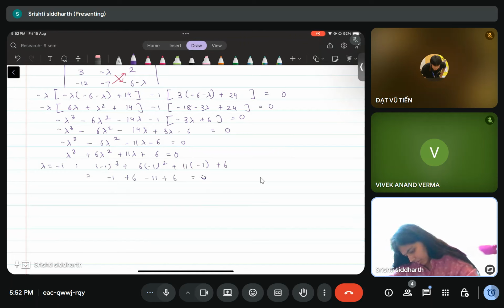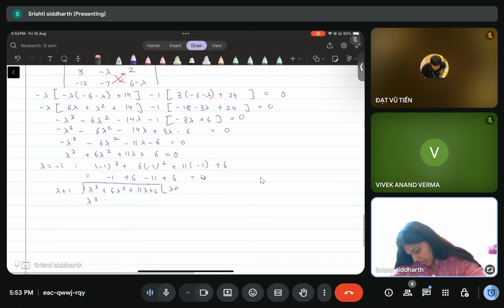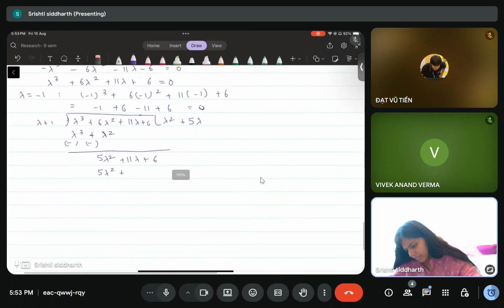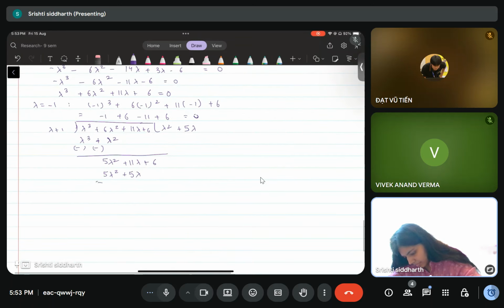So lambda plus 1 is lambda cubed plus lambda squared, then 5 lambda squared plus 11 lambda plus 6, then also 6 lambda plus 6.